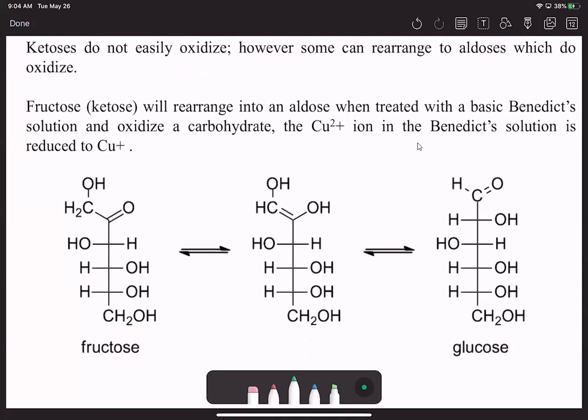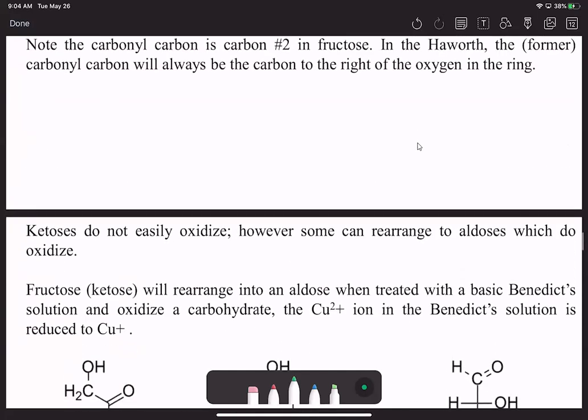is that if we go back to organic chemistry and we take a look at oxidation, we take a primary alcohol, we oxidize that, and we get an aldehyde, and we oxidize that again, and we get a carboxylic acid.